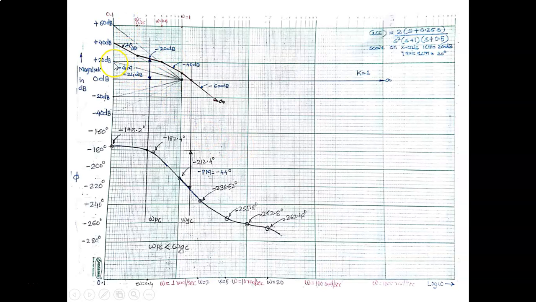Therefore draw a line parallel to this line. Again from 0.5 to 1 the slope is minus 40 dB, draw parallel to this line, and from 1 to infinity the slope is minus 60 dB per decade. Therefore draw a line parallel to this line from 1 to infinity.